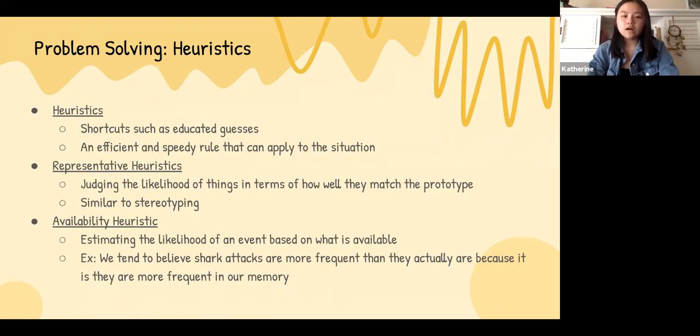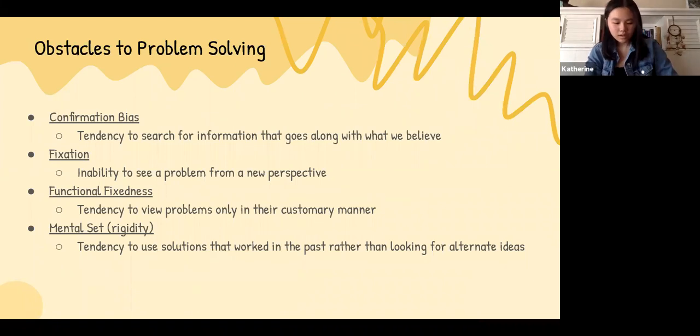And then as much as heuristic seems to be the easiest one, there are problems to it. You are prone to error because you are almost jumping to conclusions. And then obviously with stereotyping, that is always not the best. Okay, and then there are obstacles to problem solving. So some things do block us from actually solving the problem. First thing we have is the confirmation bias.